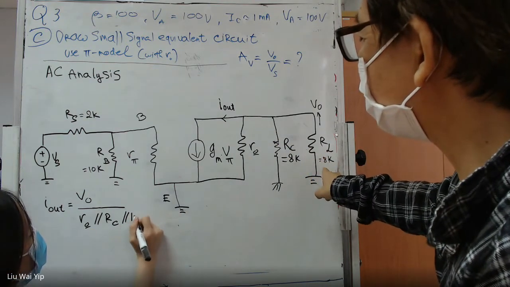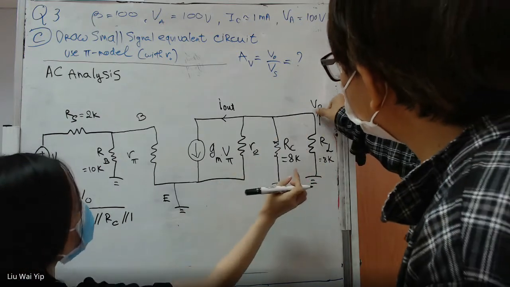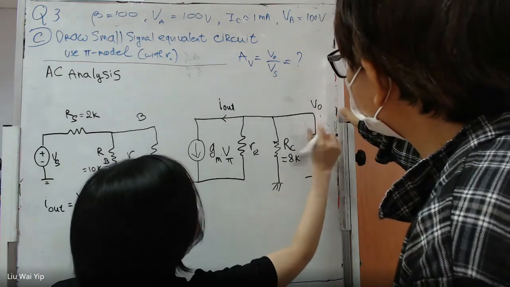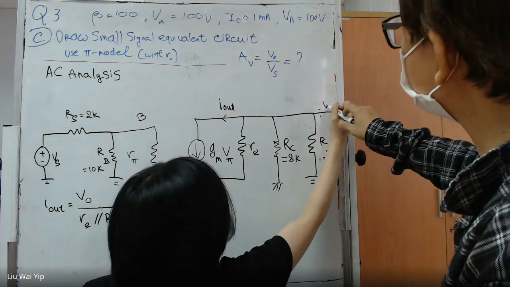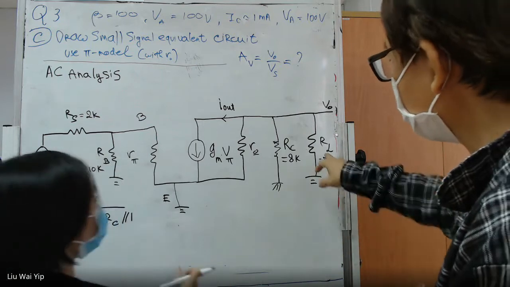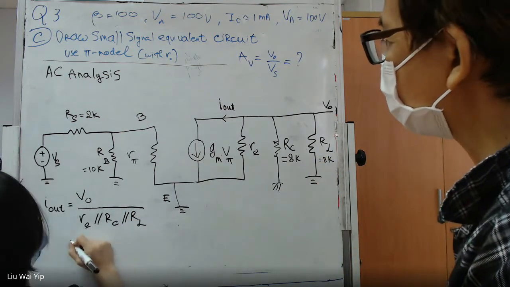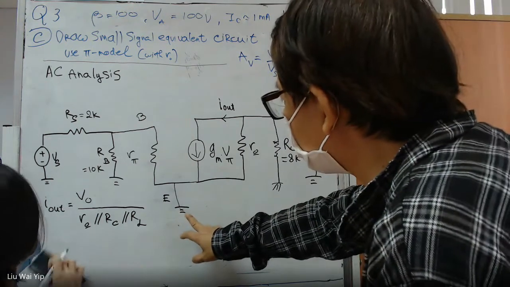The question did not ask for RO. RL, the VL is here, not here. VL is the voltage of the node, so this should be a wire here. Okay, done. So we don't need to do any calculation.